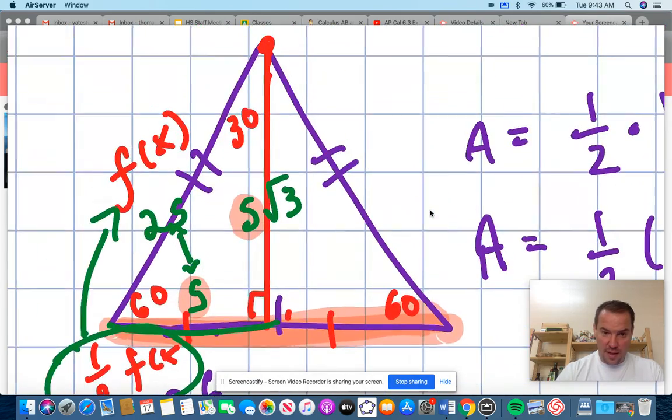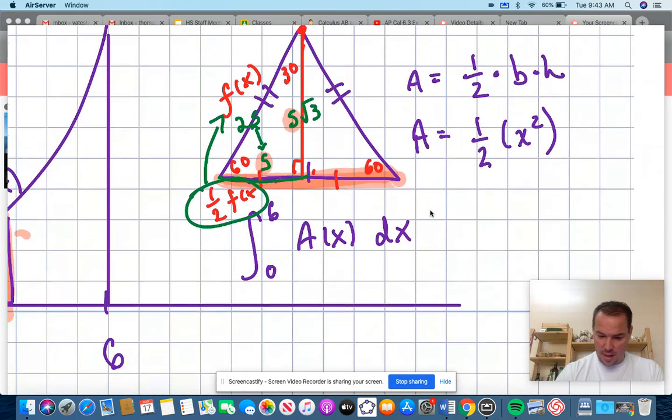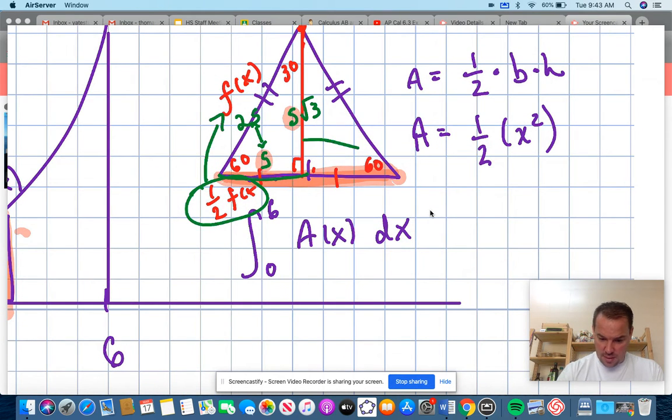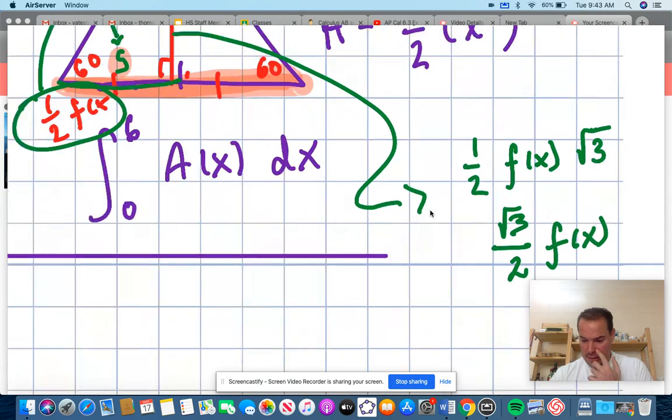So what would be the height of this triangle to get us back to the whole story of the problem? Thus, here we go, the height of this triangle would be 1/2 f of x root 3, or root 3 over 2 f of x. Now, what is f of x?